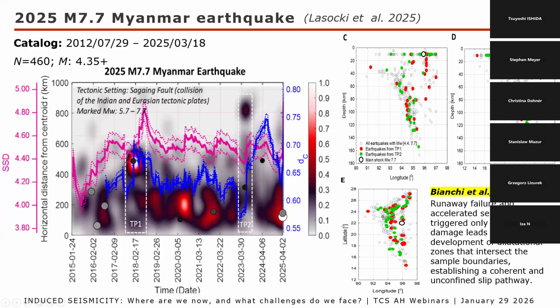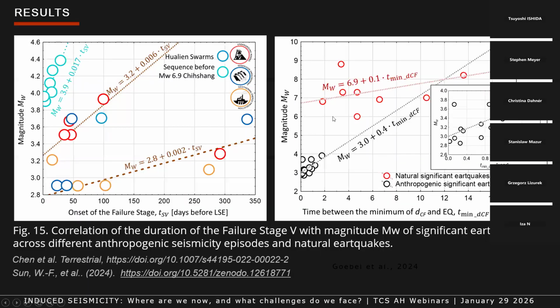When the seismicity jumped to the boundaries of the tectonic system and the system lost its ability to support the accumulation of strain, the shear zone could localize and a large earthquake would occur. And we also made some preliminary examples related to the relation between magnitude and time of minimum of the DC parameter.